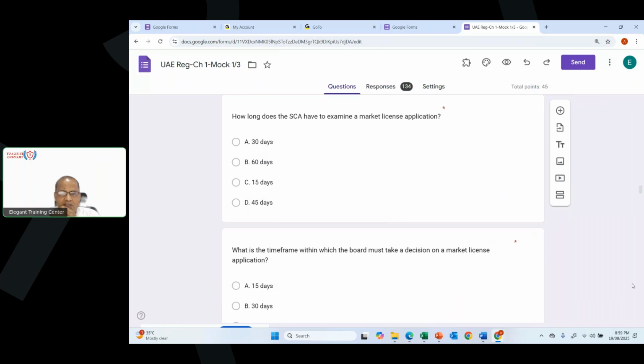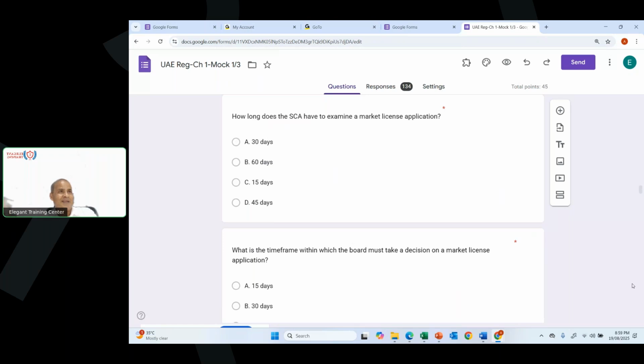How long does SCA have to examine the market license application? SCA will verify the application within 15 days.